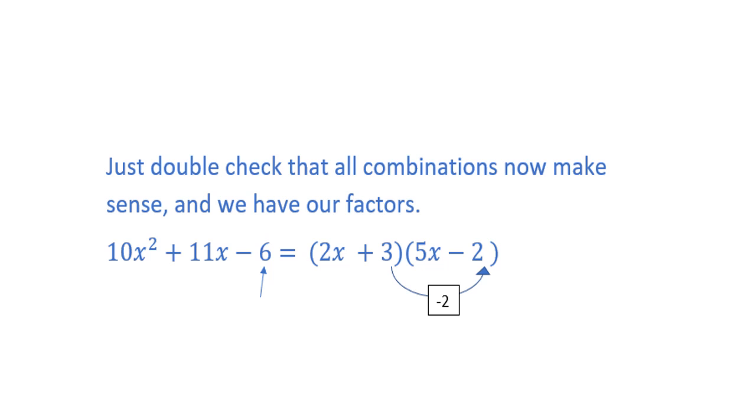Double check that all the combinations make sense. I just double check those last two. I get 3 times minus 2 is minus 6, not minus 2. That should be minus 6 written there. And that gives me my minus 6. Everything's all right. We are done.